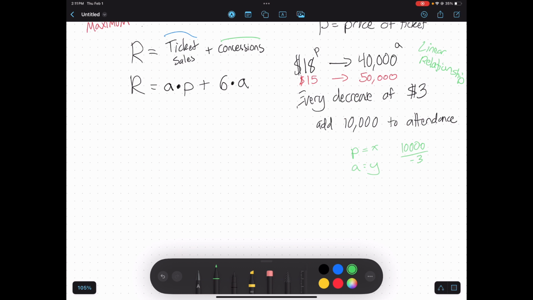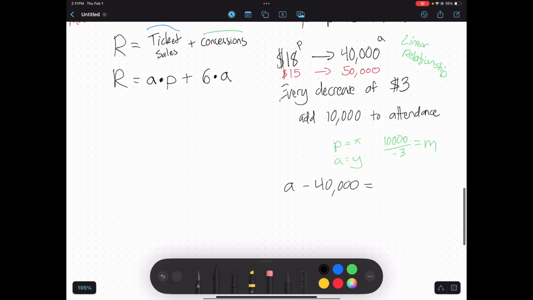So there's my slope. Okay. So then to write my linear equation, I can use point slope form, right? Y minus, what did I set my Y as? My attendance. Okay, so in fact, I should actually replace Y with A. A minus my attendance, 40,000, right? This is point slope form, so I'm just using one of my points.